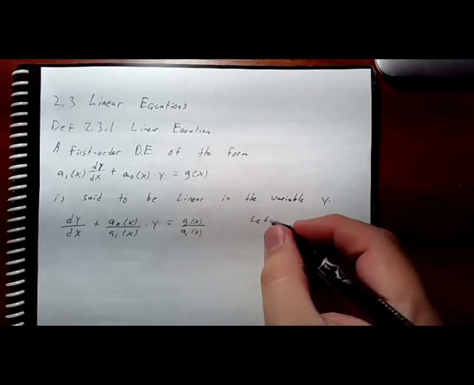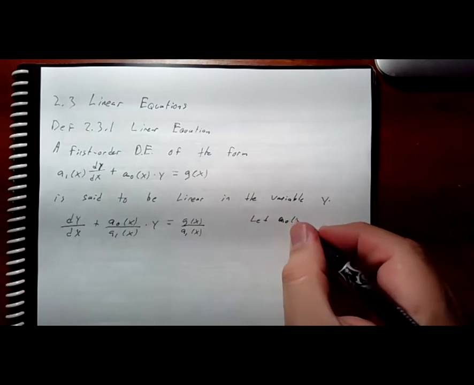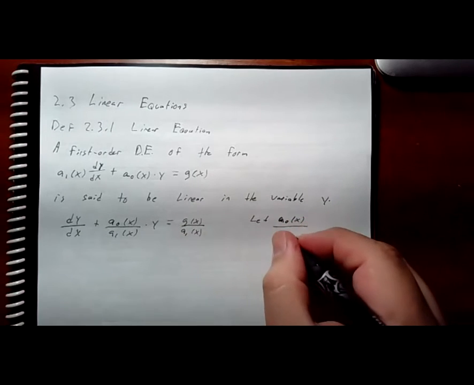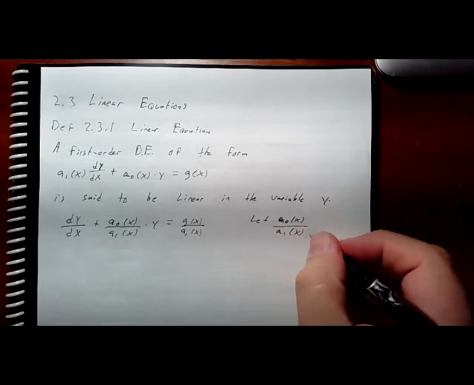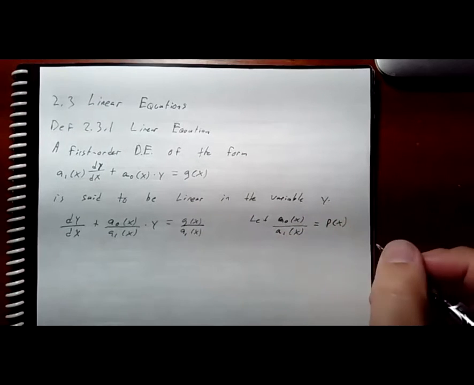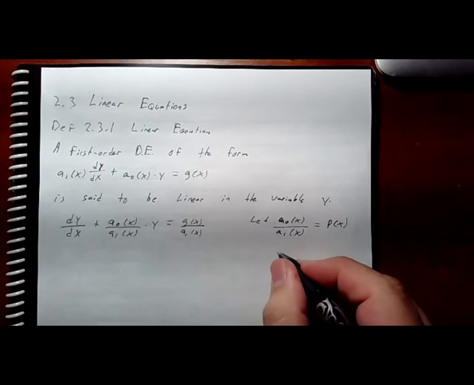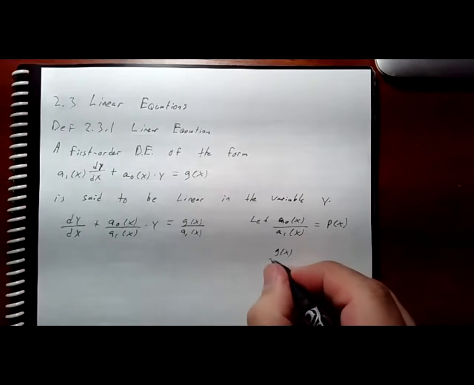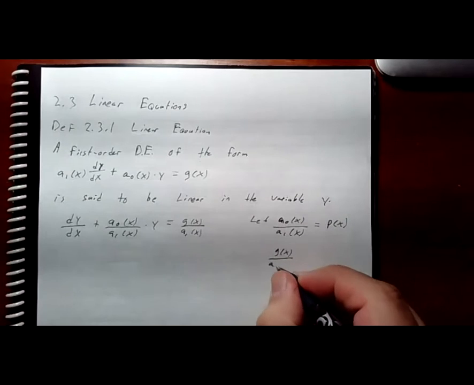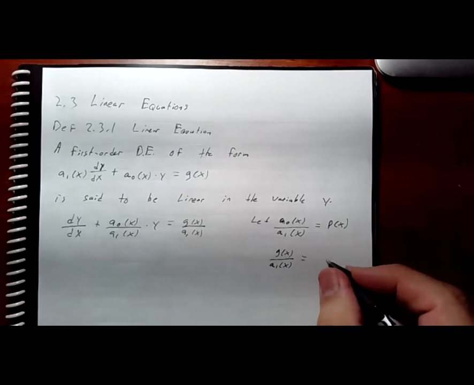So what they do in the book, they say let a naught of x over a1 of x equal P of x, and let g of x over a1 of x equal f of x.